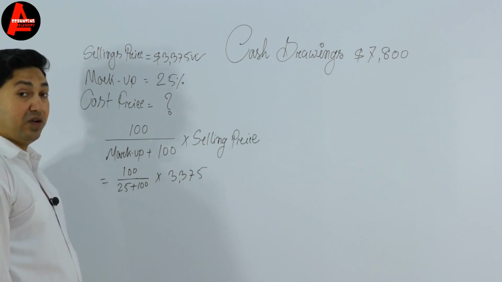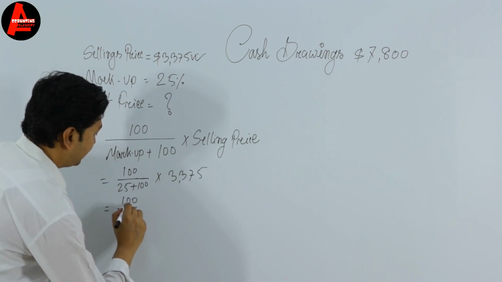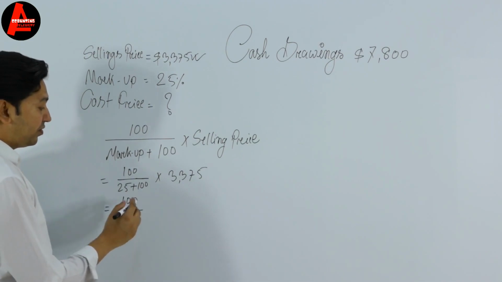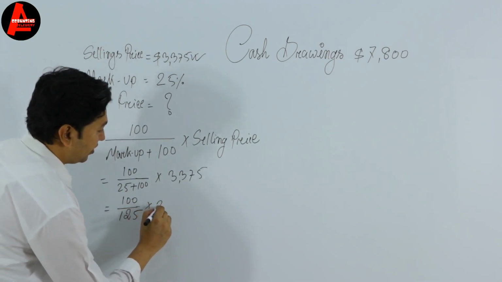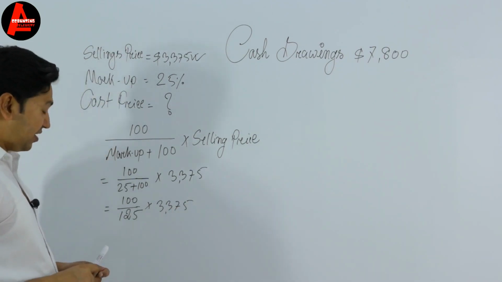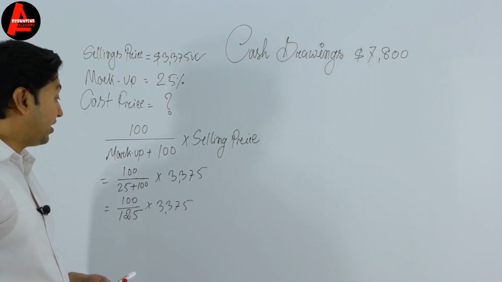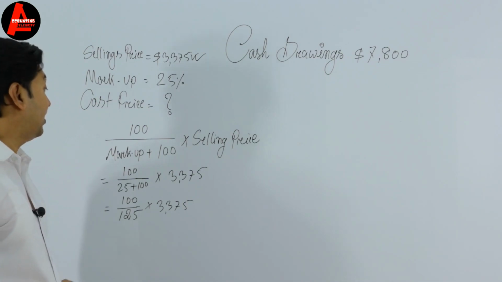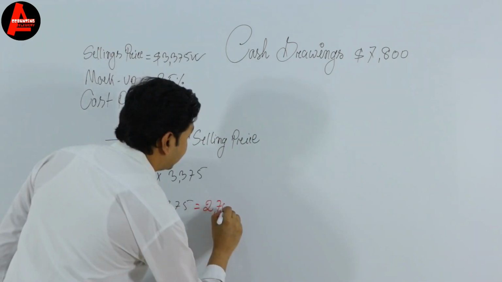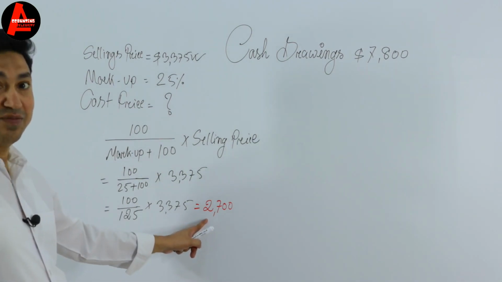Our next step is 100 divided by 125, since 25 plus 100 equals 125, times 3,375. If we divide 100 by 125 and multiply this answer by 3,375, we get $2,700. This is the cost price of the goods.